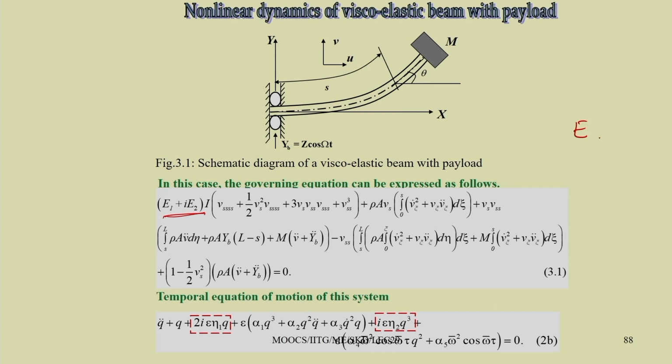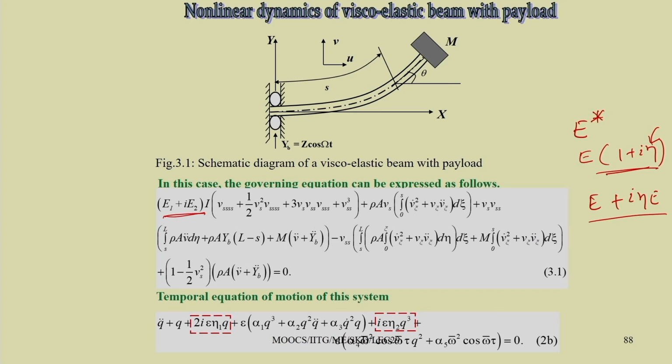In that case E can be replaced by E star. This E star can also be written as E into 1 plus i eta, where eta is the loss factor, or expanding this, it will be E plus i eta E. So, here it is written in terms of E1 and E2.